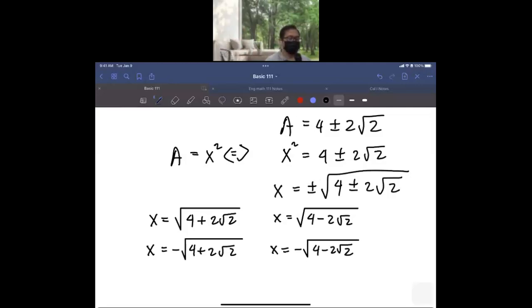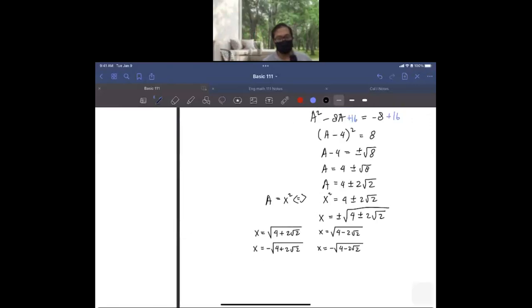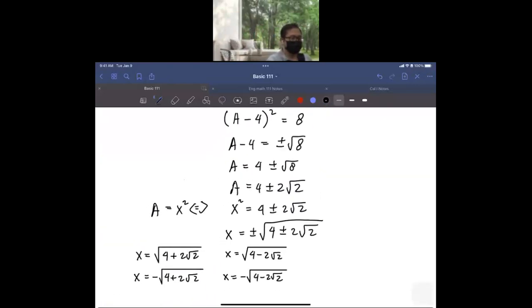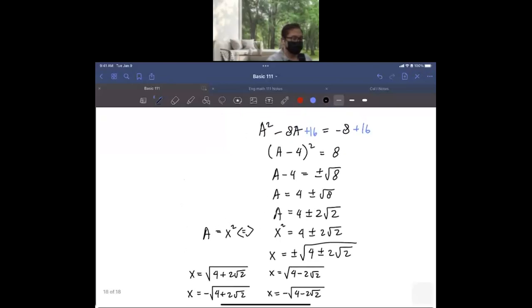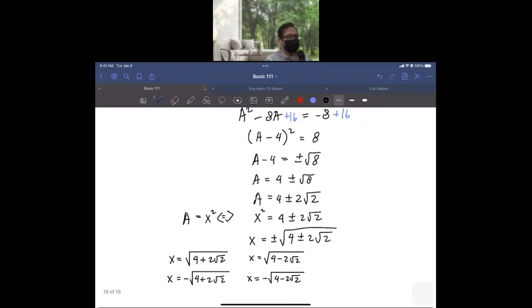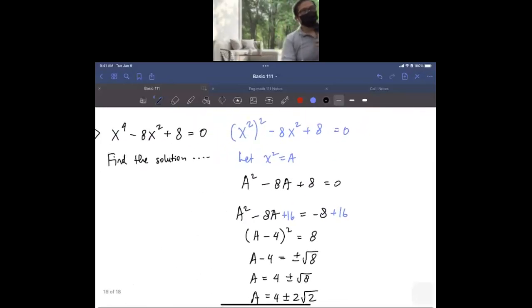Well, if you want to find the decimals, you can compute with a calculator, but I don't think we need the decimals. So just this answer is okay. Okay, maybe any questions? Anything to discuss? No? Okay.